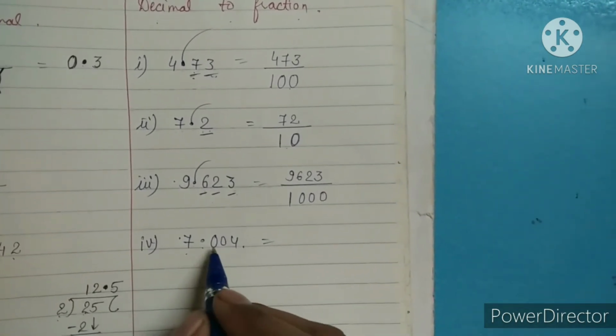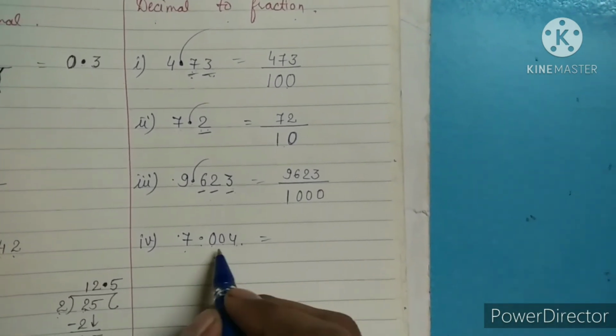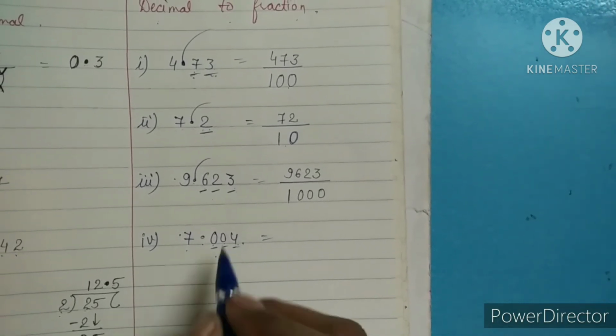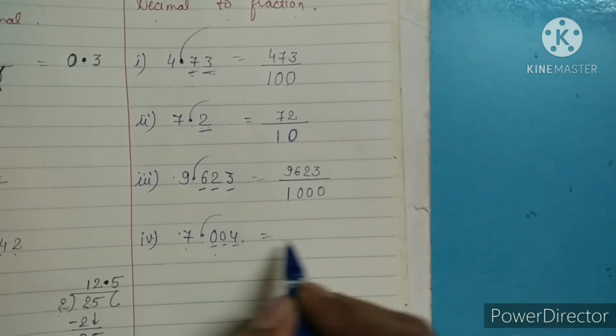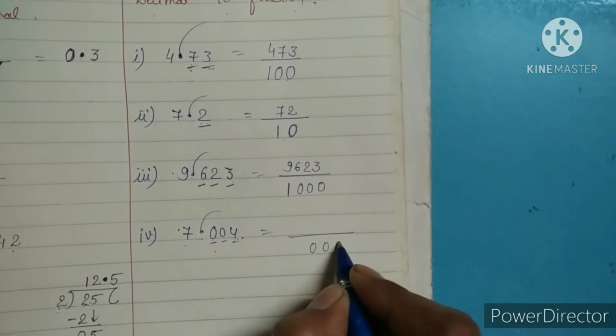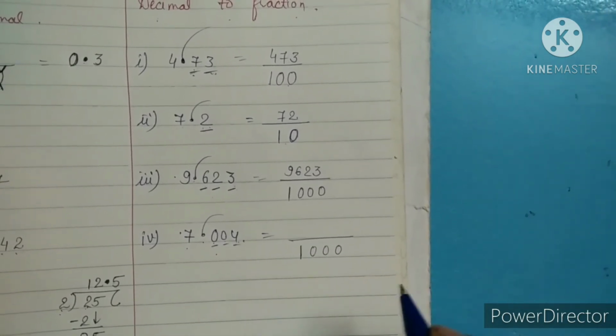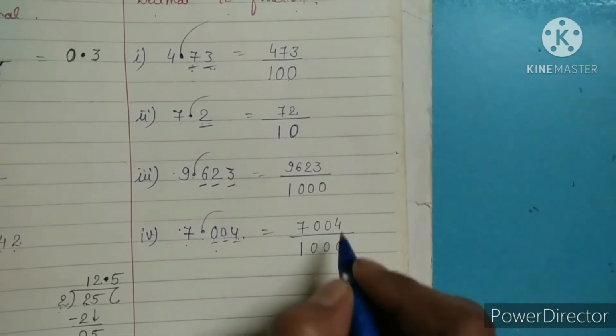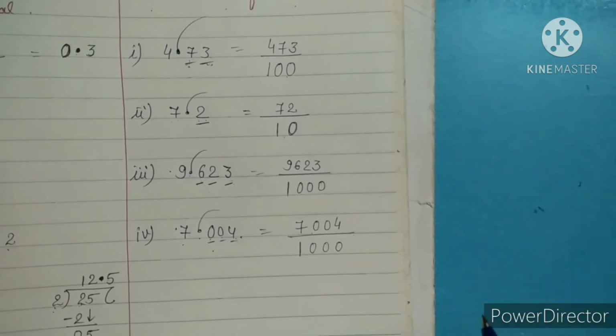Fourth, 7.004. After the decimal there are 3 places, so when we remove the decimal, 1000 will come here, and 7004 will come without the decimal.